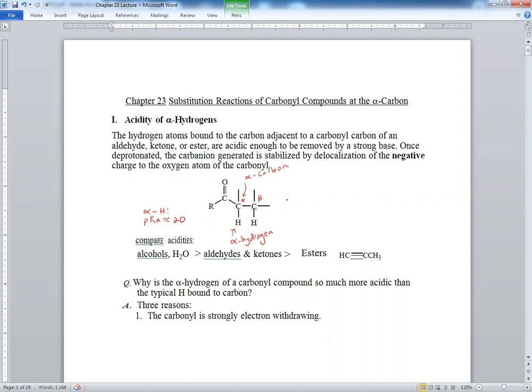If we look at the pKa of the beta hydrogen, it's between 40 and 50. So this is nowhere as acidic as that one. This is acidic, and this one is not acidic.